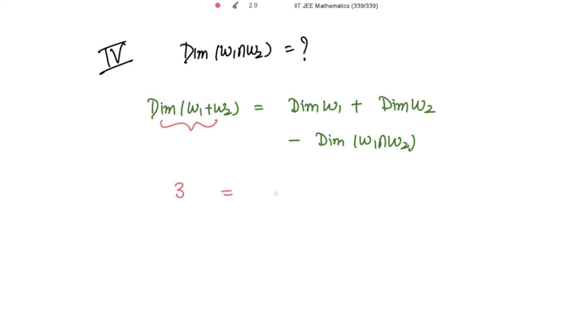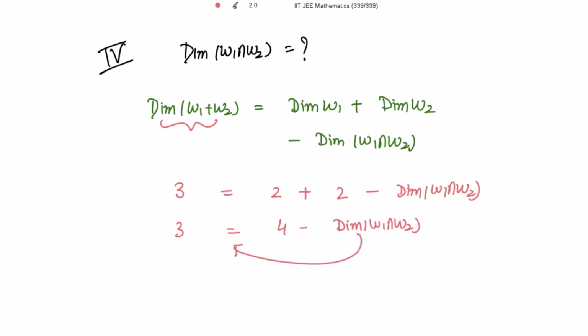The dimension of W1 is 2 plus the dimension of W2 is also 2, minus the dimension of W1 intersection W2. So 3 equals 4 minus the dimension of W1 intersection W2. Taking this to the other side, we get the dimension of W1 intersection W2 equal to 4 minus 3, that is equal to 1. So this is how we find the bases and dimensions for the subspaces.